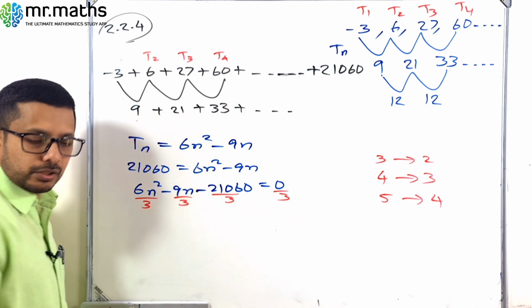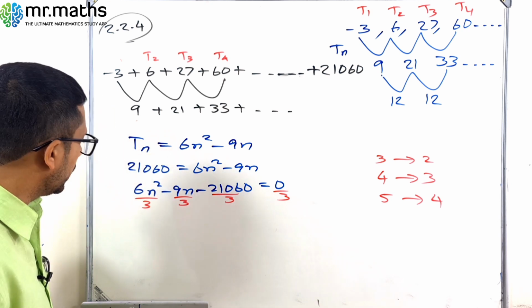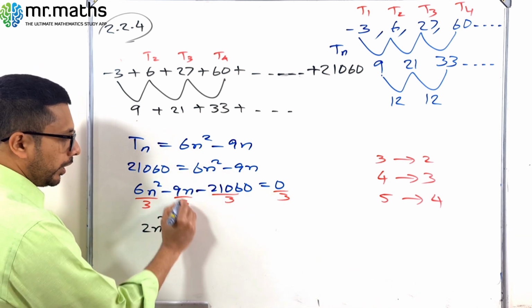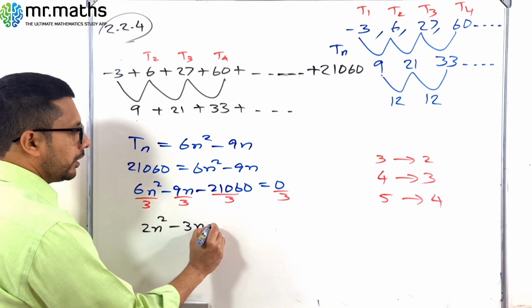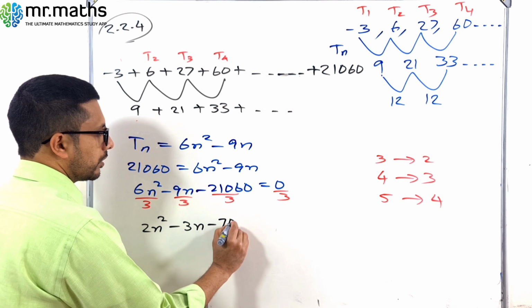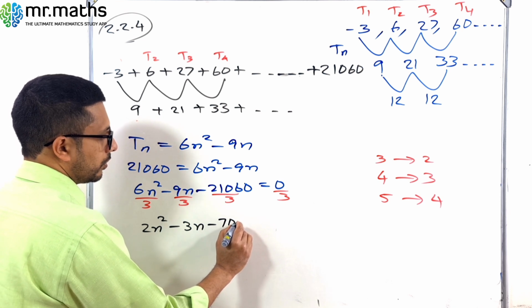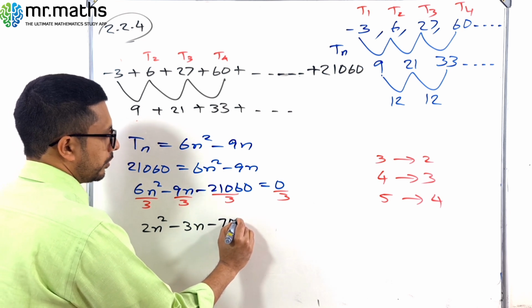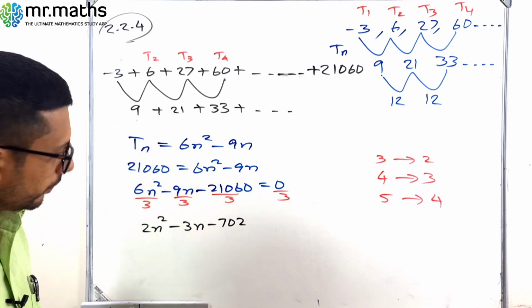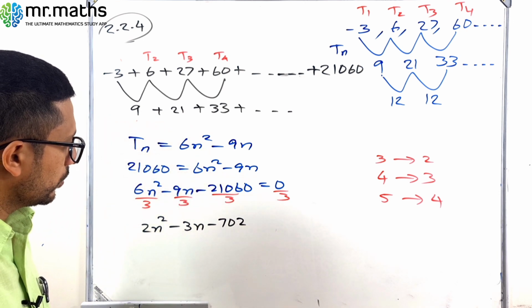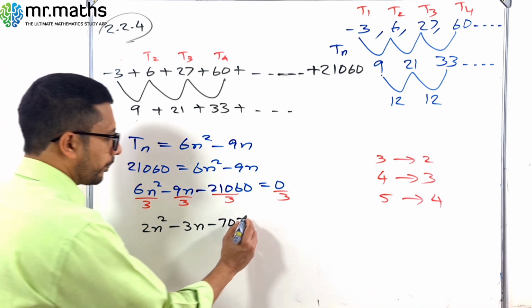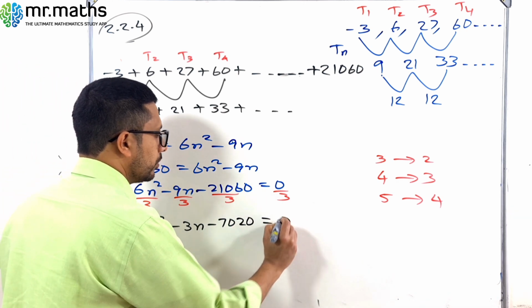Here 6 by 3 is 2n square, 9 by 3 is 3n, minus 21,060 by 3, that is 7020, is equal to 0.